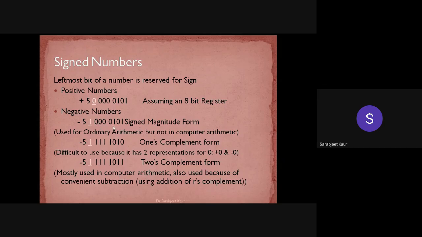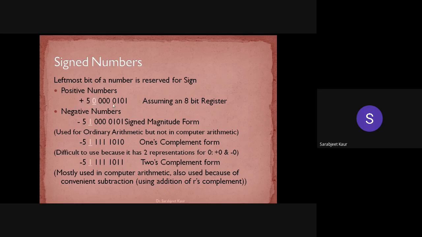For example, if I had an 8-bit register and I wanted to store +5 in this register, how would I store the value of +5? In the leftmost bit, obviously, because the number is positive, I would put 0.